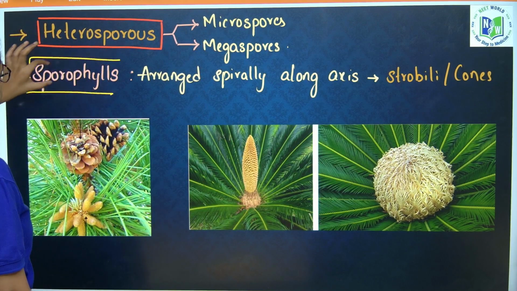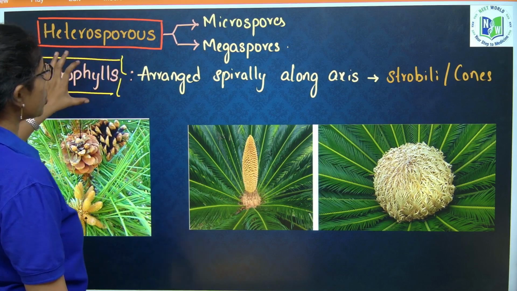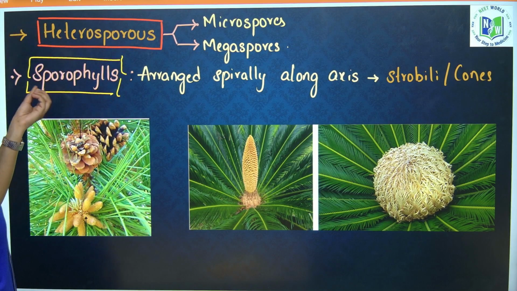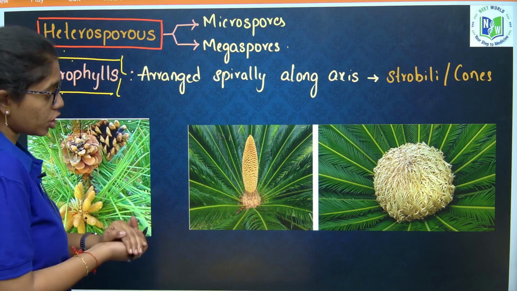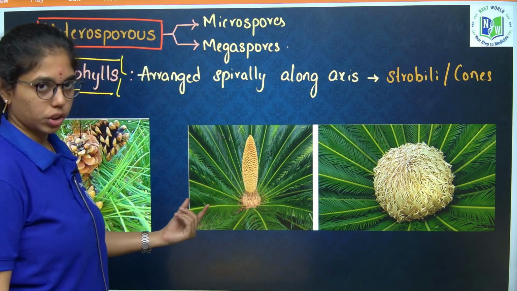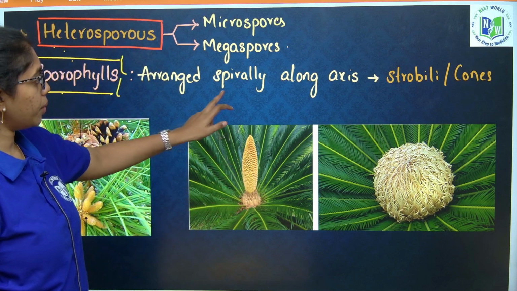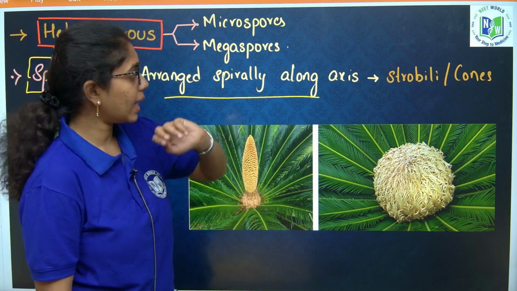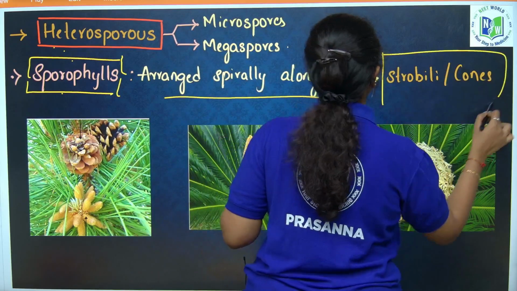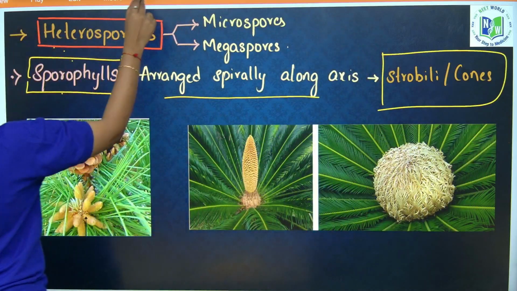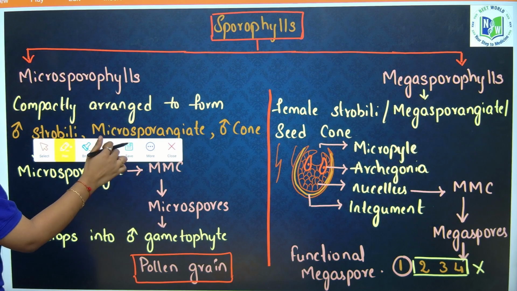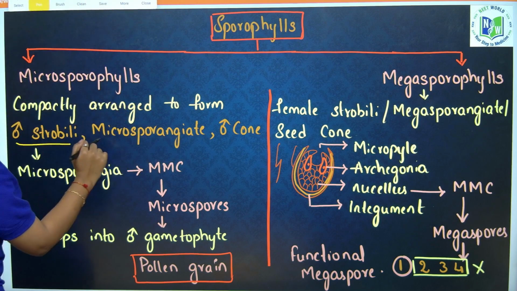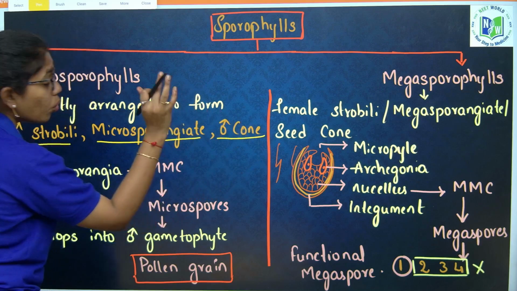Sporophylls, if you see, sporophylls means what? Those leaves which are bearing spores and sporangia. But here spores and sporangia are arranged in compact cone-like structures, both male cone and female cone. They are spirally arranged along the axis in the form of strobili or cones. Clear? Now, if you look into sporophylls clearly, microsporophylls contain compactly arranged male strobili, the microsporangiate or male cone, one and the same.